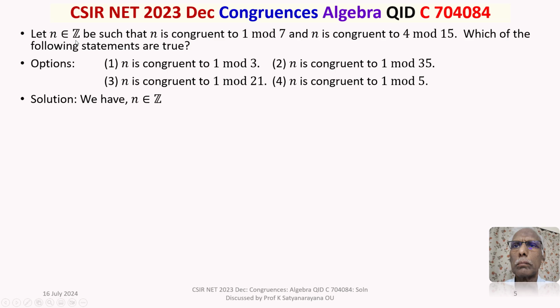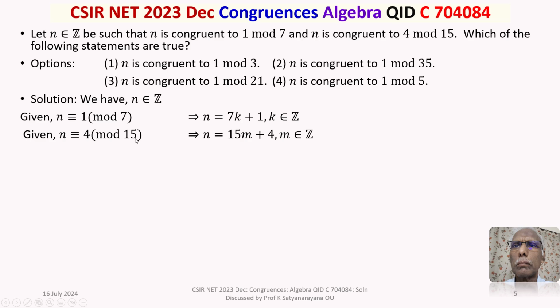We have n belongs to the set of integers and n satisfies two congruence relations. n is congruent to 1 mod 7, that means 7 divides n minus 1, that means n is 7 times k plus 1, where k belongs to Z. Similarly, n is congruent to 4 mod 15, that is 15 divides n minus 4, that is n is equal to 15 times m plus 4, where m belongs to the set of integers.